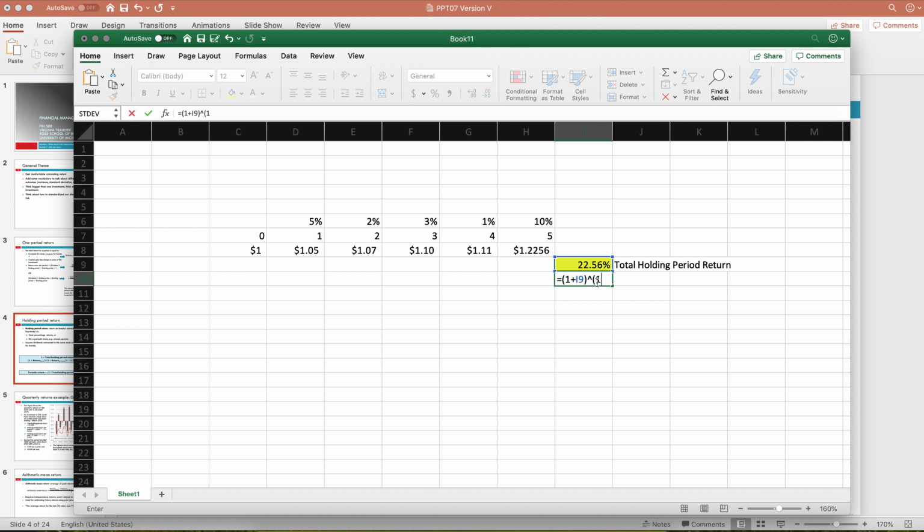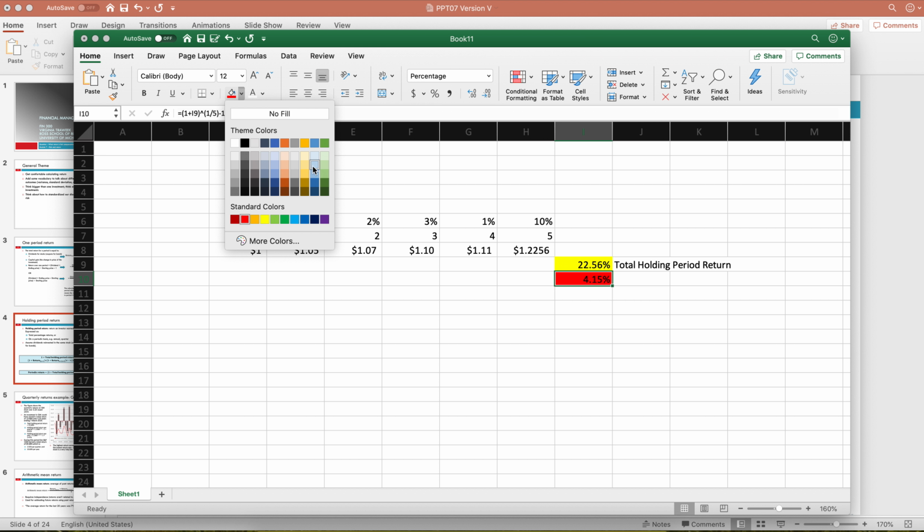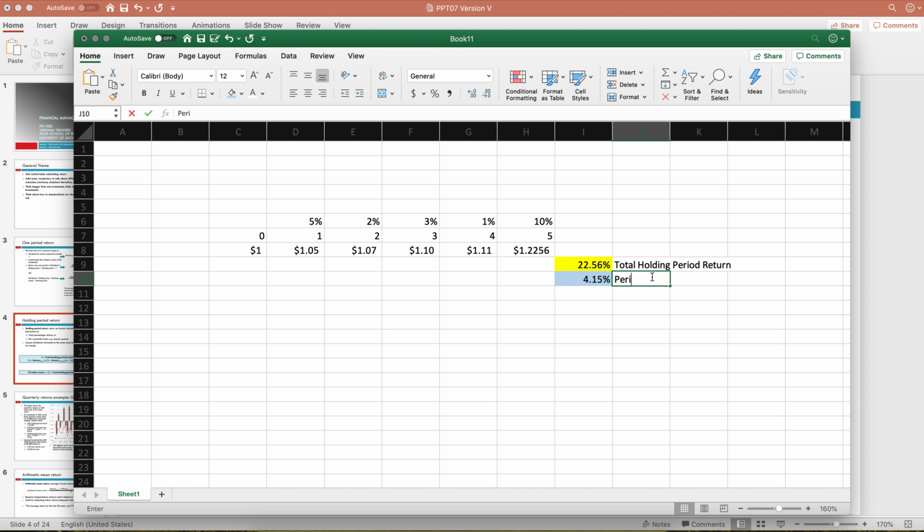We have 5 time periods, so I'm going to do 1 over 5, and we will get some percent. Let me add a couple decimal places. Let's highlight that in a different color just to have fun. This is going to be the periodic return.